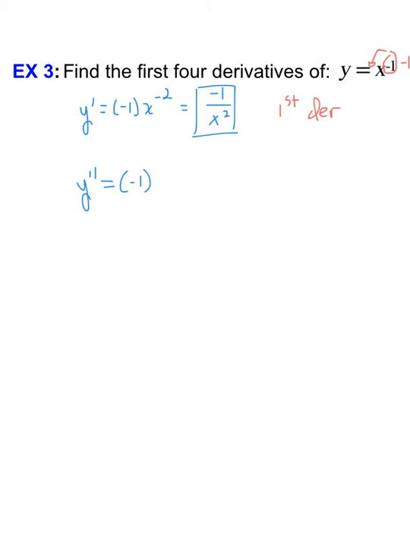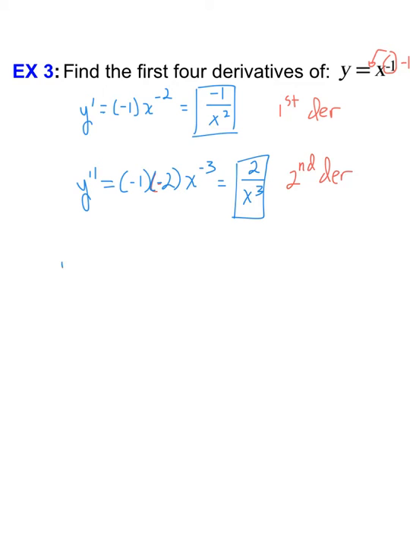The -2 gets looped in front, and then -2 minus 1 is -3. So -1 times -2 is +2, and then the x to the -3 goes in the denominator. So this becomes our second derivative.